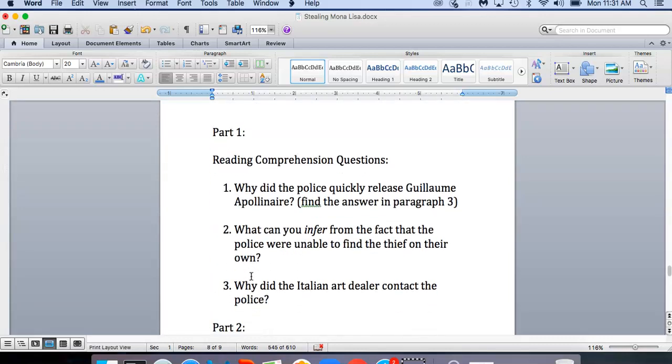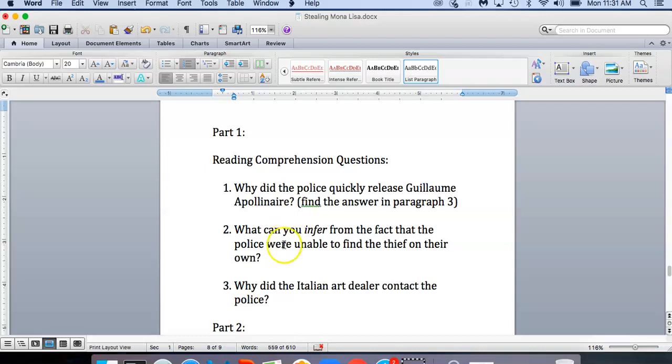For today, guys, you have 3 questions to answer to let me know that you understood the reading. The first question is, why did the police quickly release or let go of Guillaume Apollinaire? So, find the answer in the third paragraph. That's the clue I'm giving you guys so that you can answer it.